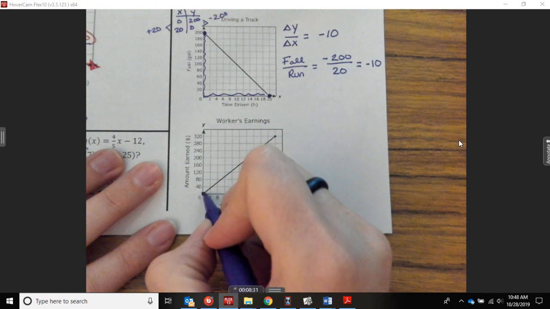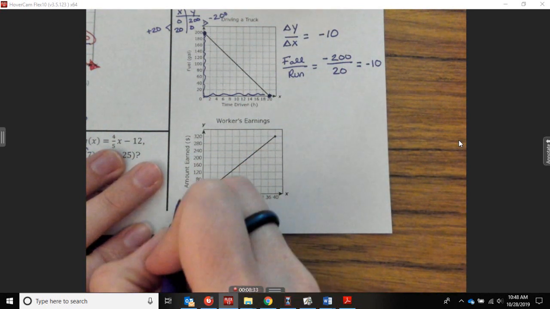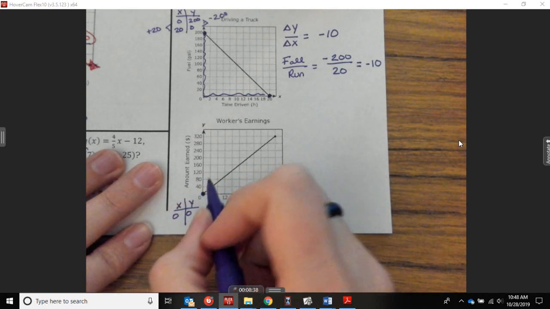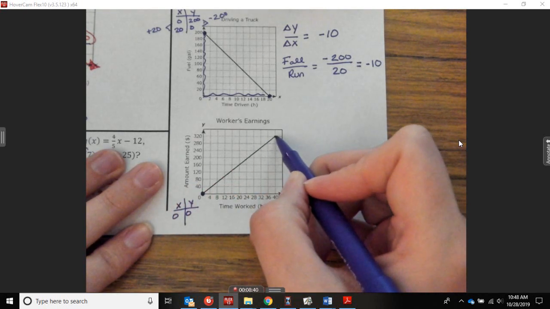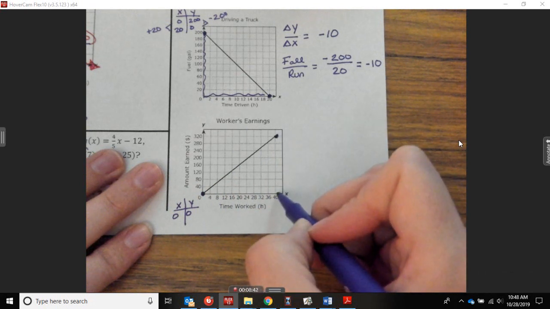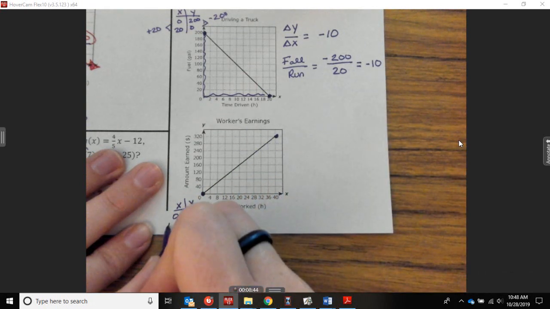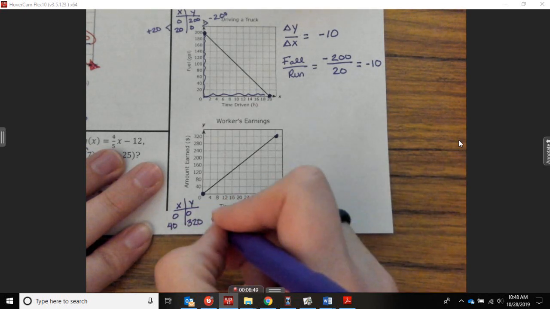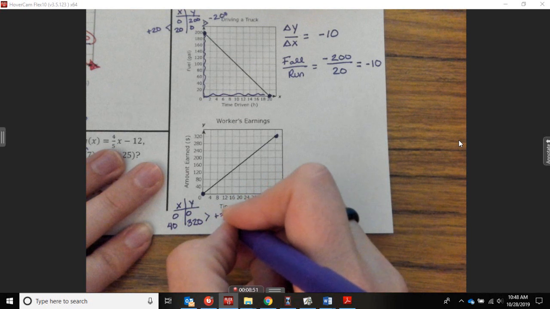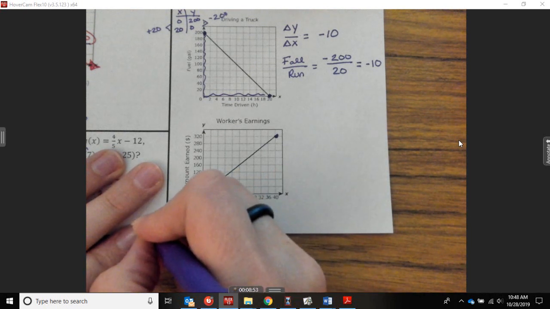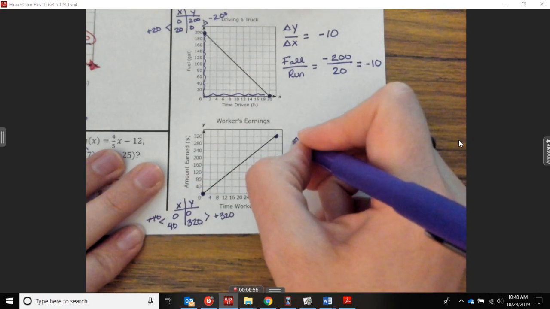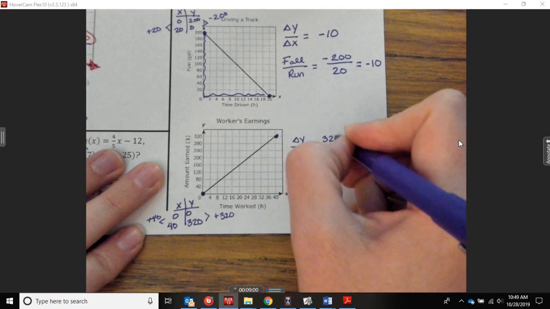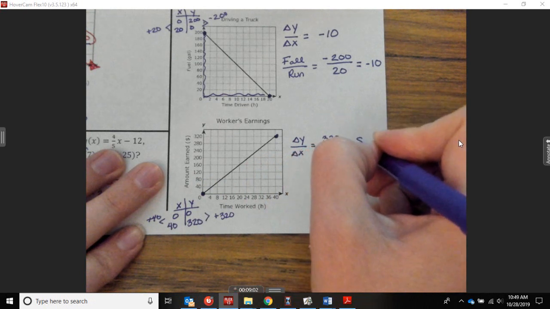So my slope here, a good point is 0, 0, x, y, which is my x and my y-intercept. Then I have this point over here, which is 40, 320. If I were to calculate my slope, this is up 320 and over 40, and my slope is change in y over change in x, so 320 over 40, which is 8.